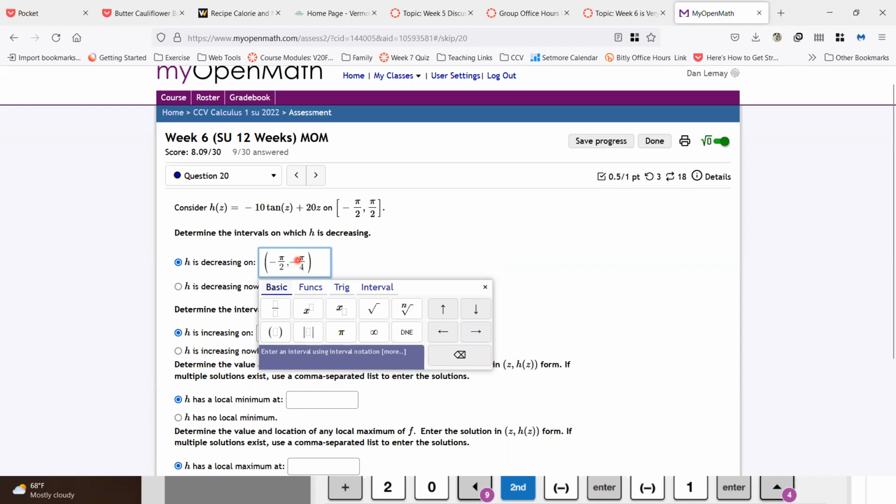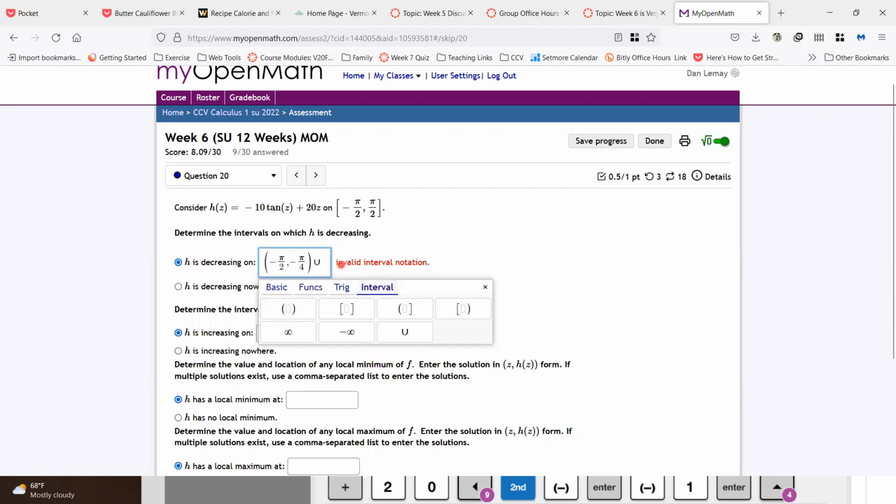And I'll do a parenthesis, then I'll do an interval union, just in case it's not liking it. Sometimes my math doesn't like that. Then pi divided by 4, who knows? It might not even like what I'm putting in now. 2 pi over 2.